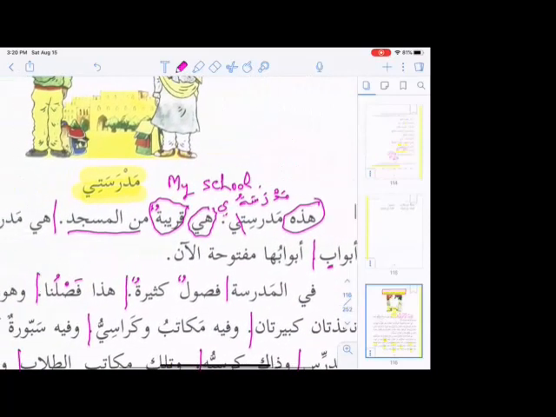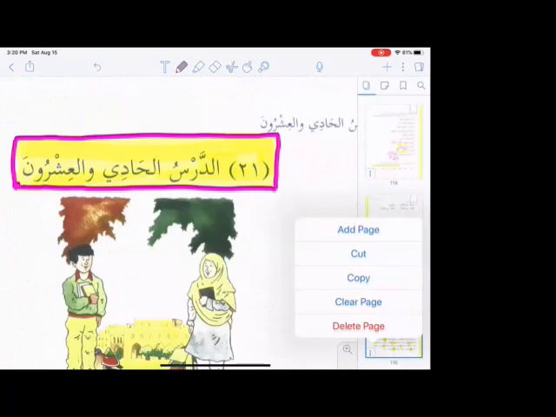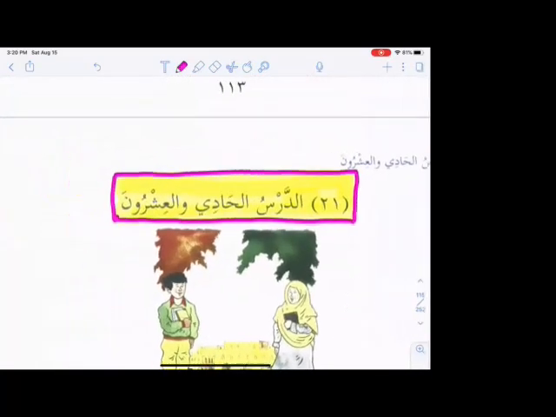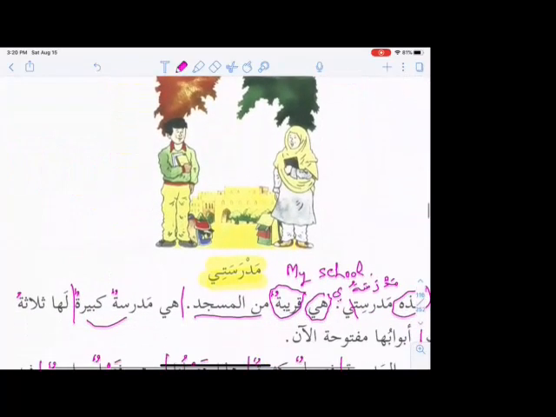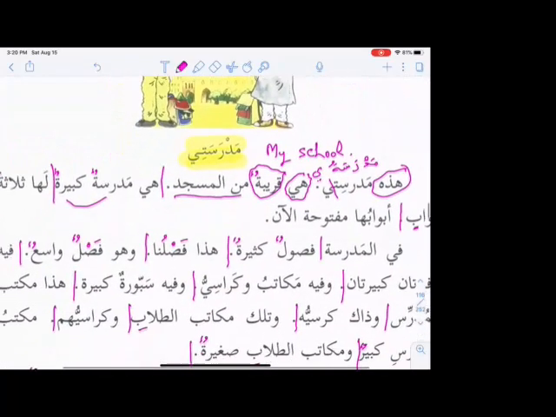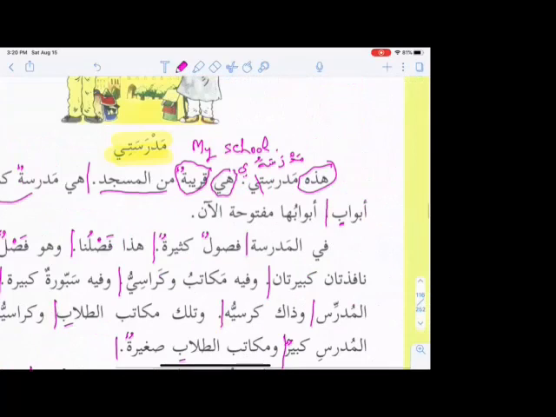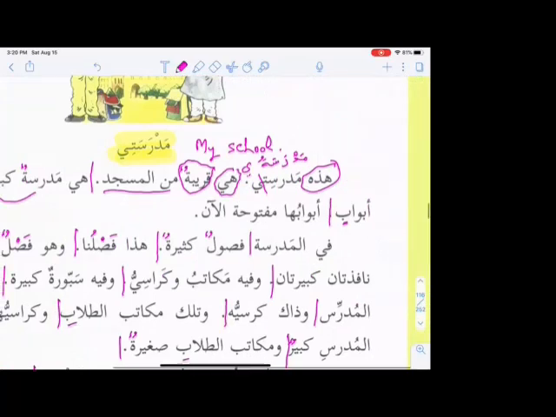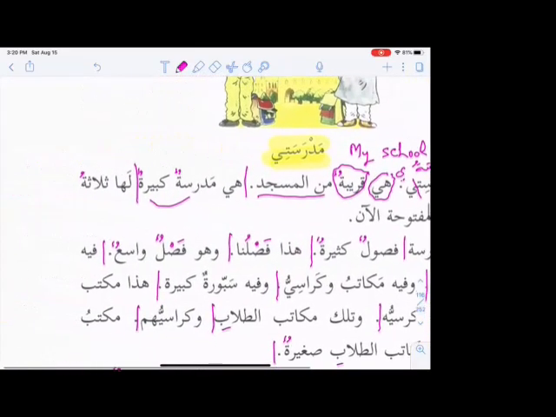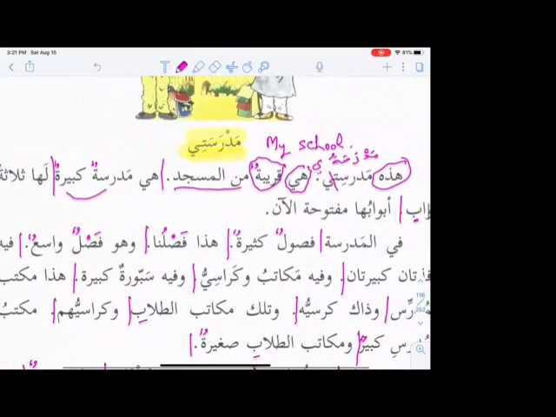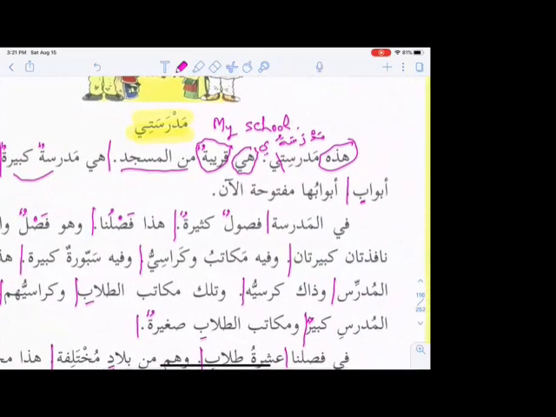It has, see, abwabin, bab, my brother and sister. Bab is masculine, so we'll say salasatu abwabin. It has got 3 doors.